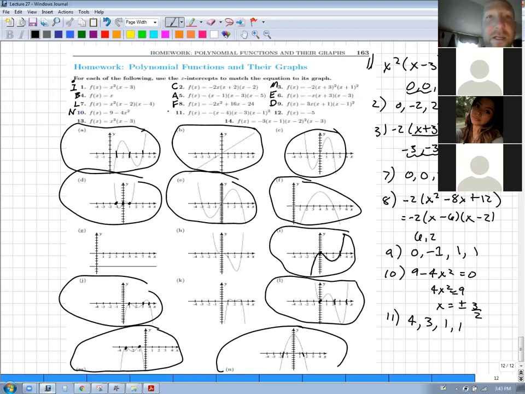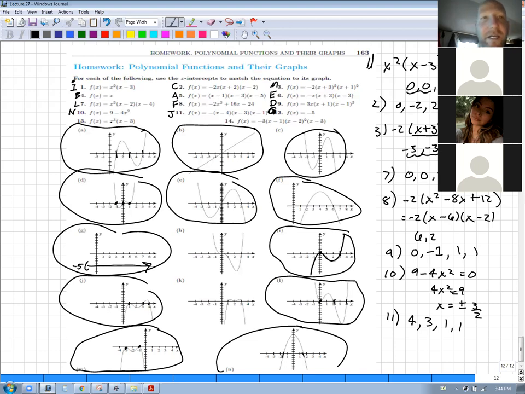So that's J. Number 12, f of x equals -5. All right, that means you're at -5. Right, here's -5. Every single point has a y value of -5. It doesn't have any roots, so we can't use roots to figure it out. So that one's G.